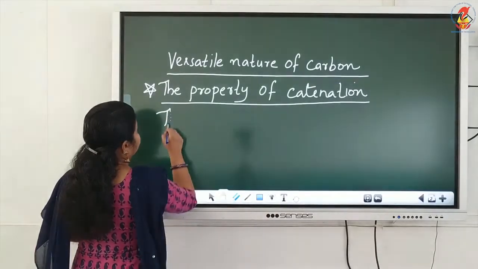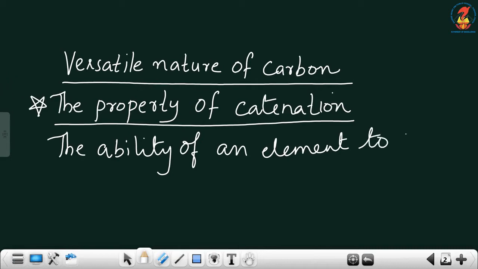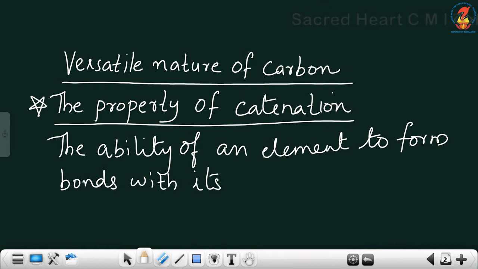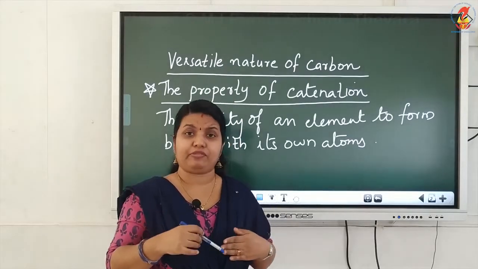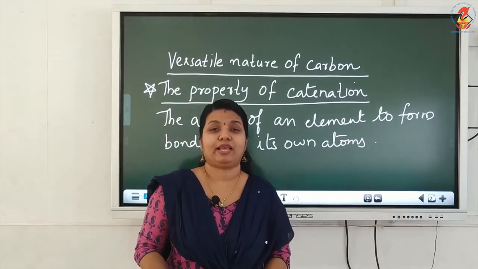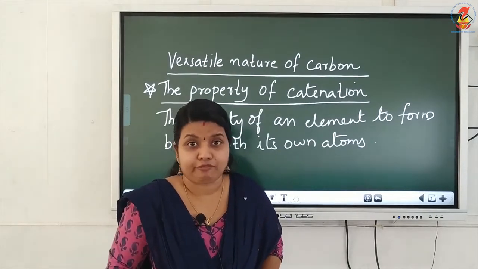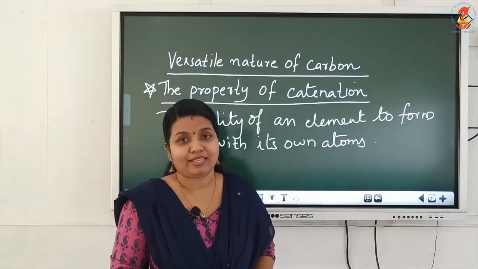Catenation is nothing but the ability of an element to form bonds with its own atoms, that is, carbon forming bonds with other carbon atoms. So, that self-linking property of an element is known as catenation. The definition of catenation you have to learn: the ability of an element to form bonds with its own atoms is known as catenation.